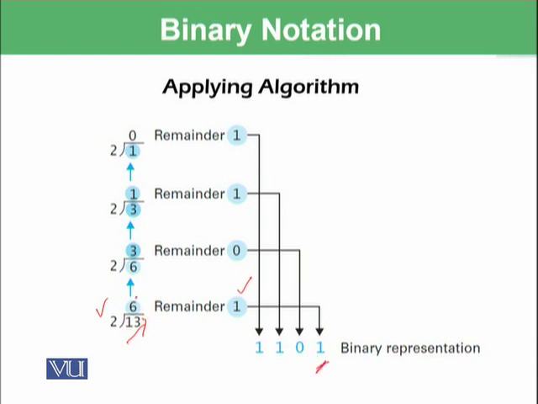Then we form 6. 2 threes are 6, we form 0, which is here. 2 ones are 2, 1 is the remainder, which goes here. And this one is going upward. 2 zeros are 0, so 1 is the remainder, and that one comes here. So 1 1 0 1 basically forms 13 in binary notation.